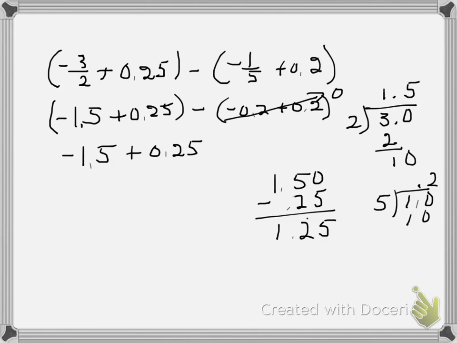All right, and you take the sign of the larger, so it's a -1.25. Well, let's see if that is the same thing that we got before. That's a -125 100ths. Reduce numerator and denominator by 25, and you get -5/4.